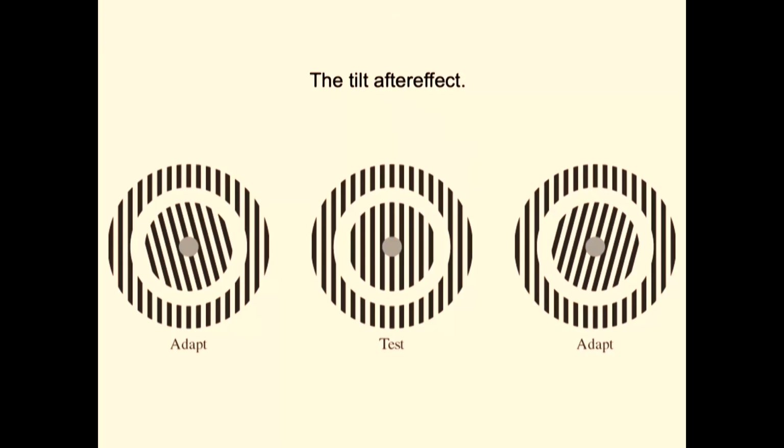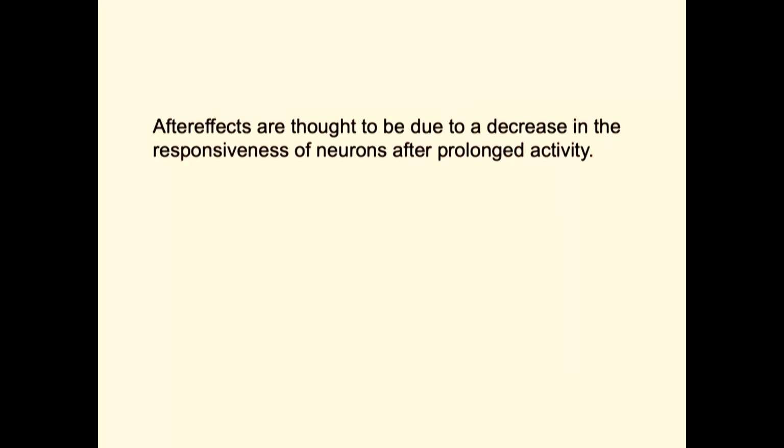So that's just a trick to get these effects to work pretty well. So we got the tilt aftereffect, and when you go home, you can try adapting to this one, and you will get the aftereffect in the opposite direction. So the question is, how can we understand these kinds of effects, and what do they tell us about the brain and the visual system?